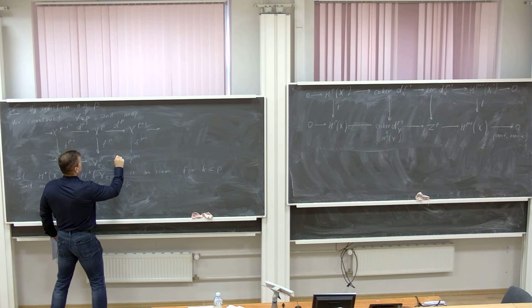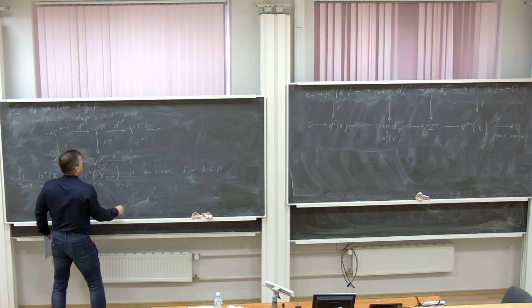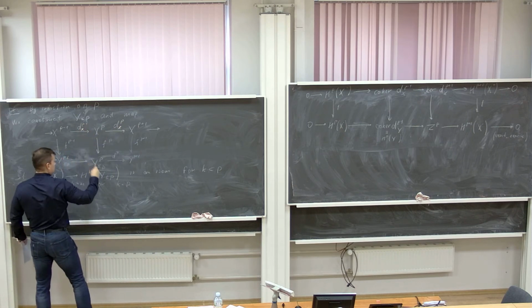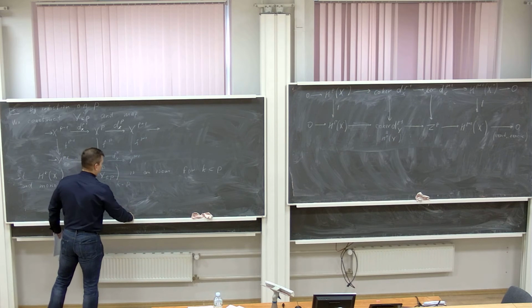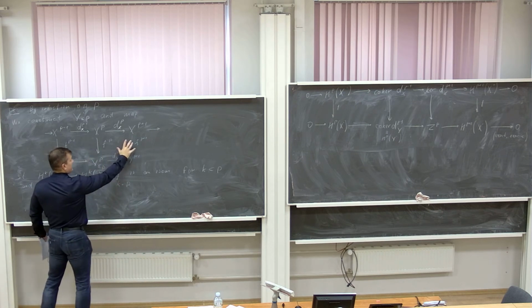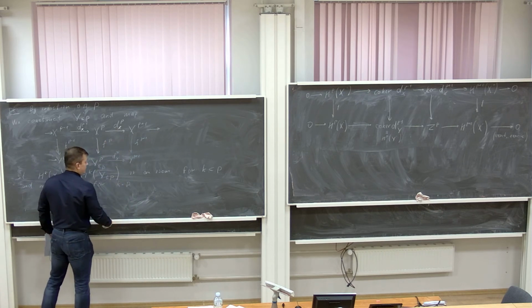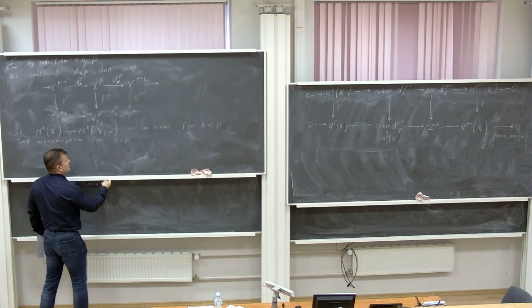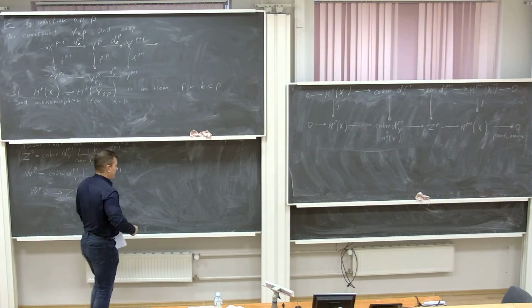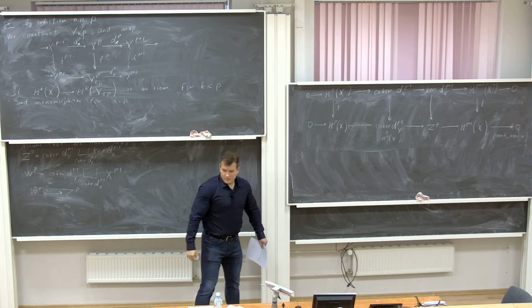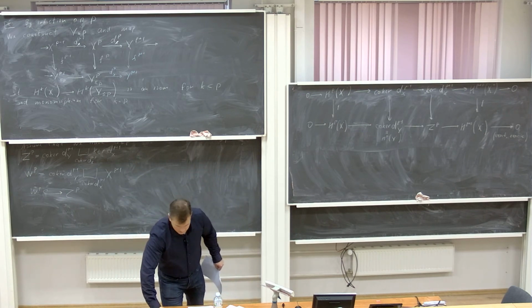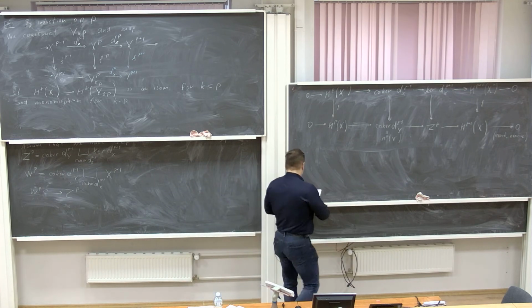So this is d^p. Now this is X, and this is Y. So the goal is to find this part such that the square is commutative and we have all the right properties for the homology.